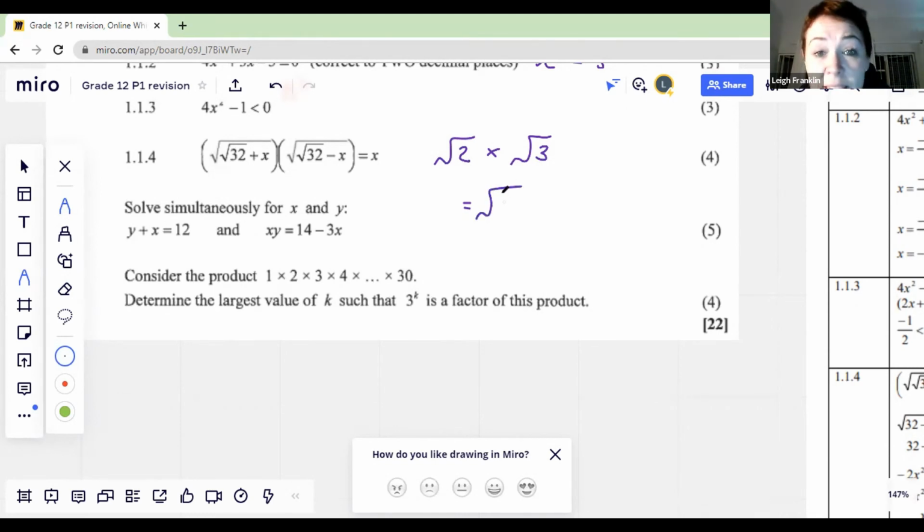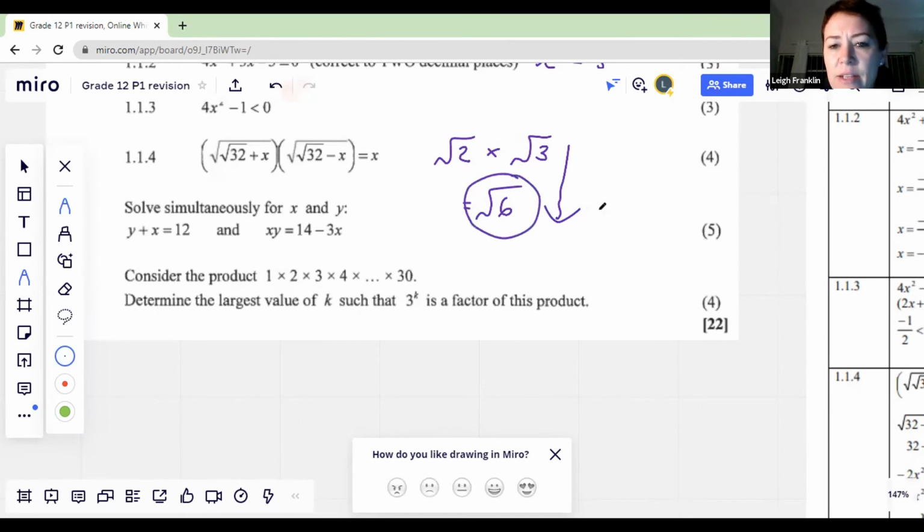It is, indeed. So we can go in this direction, right? And then when they give us something like that, we can go back and we can split it apart. So that's the principle on which this question is founded. Can you see you've got a root over the entire thing in the first bracket and a root over the entire thing in the second bracket?